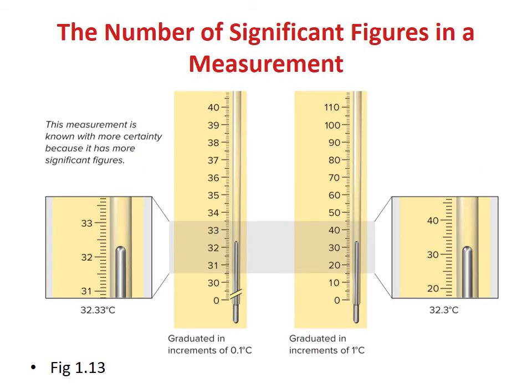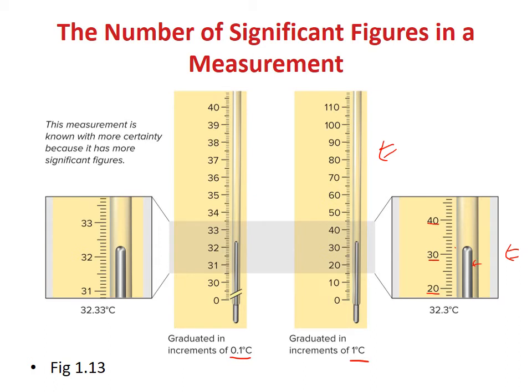Here are 2 thermometers. One is graduated in increments of 0.1 degree. The other one is 1 degree. Let's look at the second one, which is enlarged to read the temperature. This is mercury, and first let's look at the numbers: 20 degrees, 30 degrees, 40 degrees.